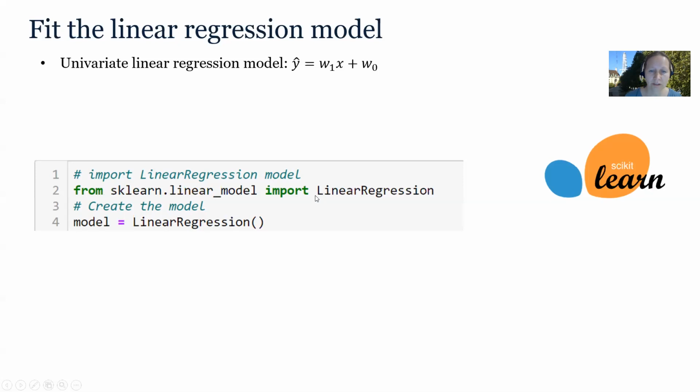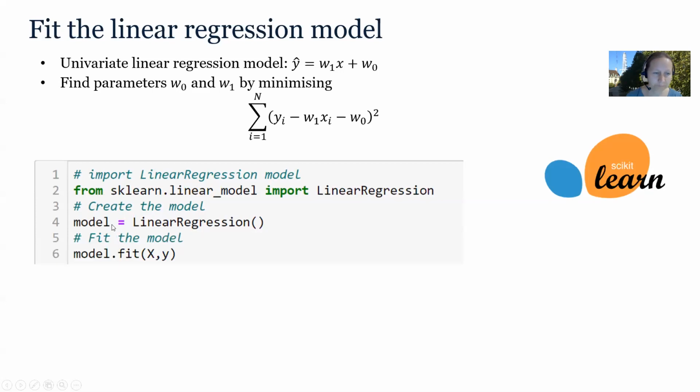Here is how we import the linear regression object, and then we create an instance of this object, which is our model. Fitting the model is very easy. It's just model.fit. And this is done by minimizing the sum of squared errors between expected and predicted target values.